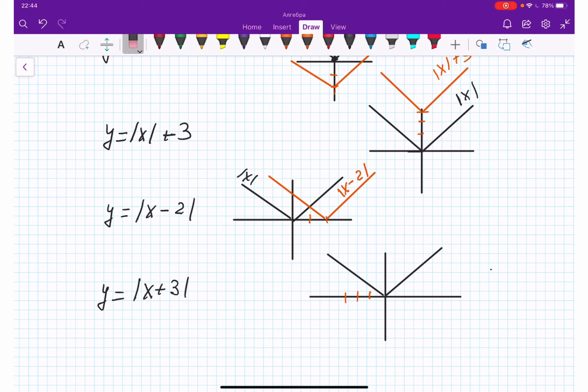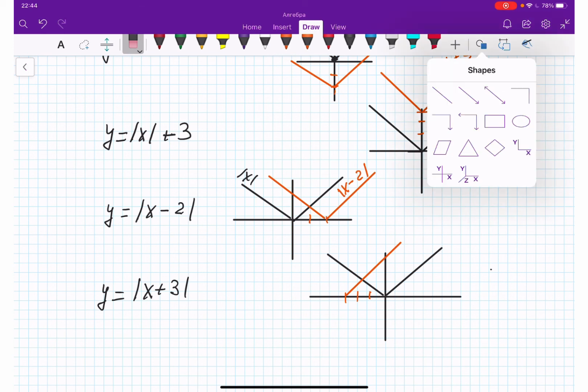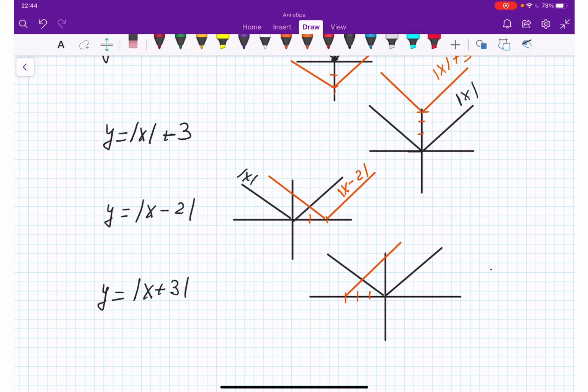I apologize. Okay, negative 3. And here it's going to be to the left. There we go.